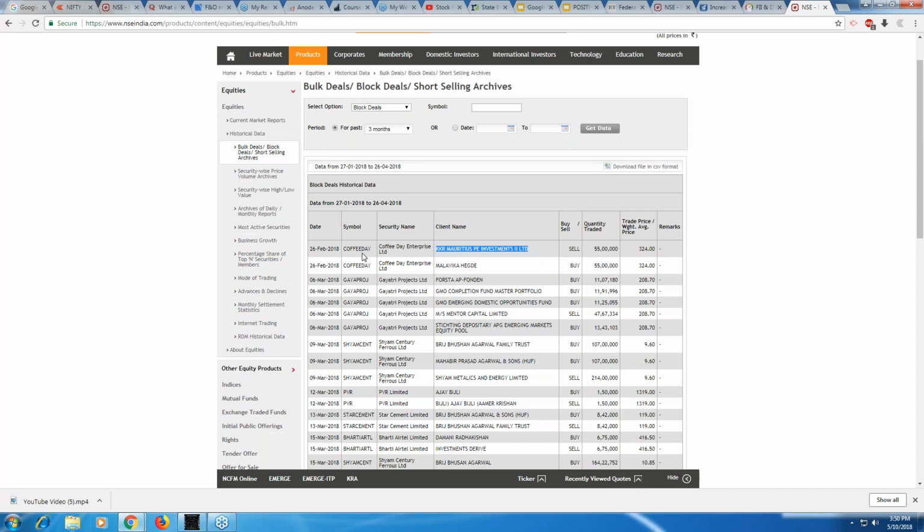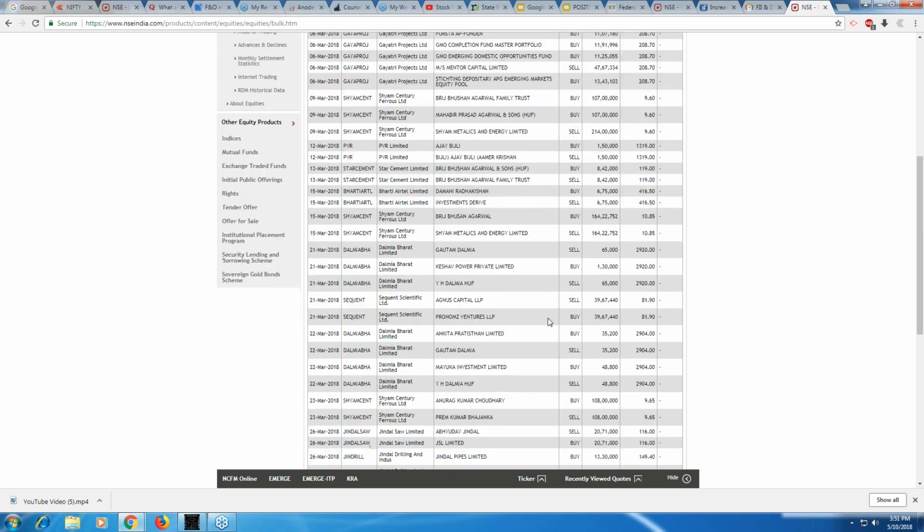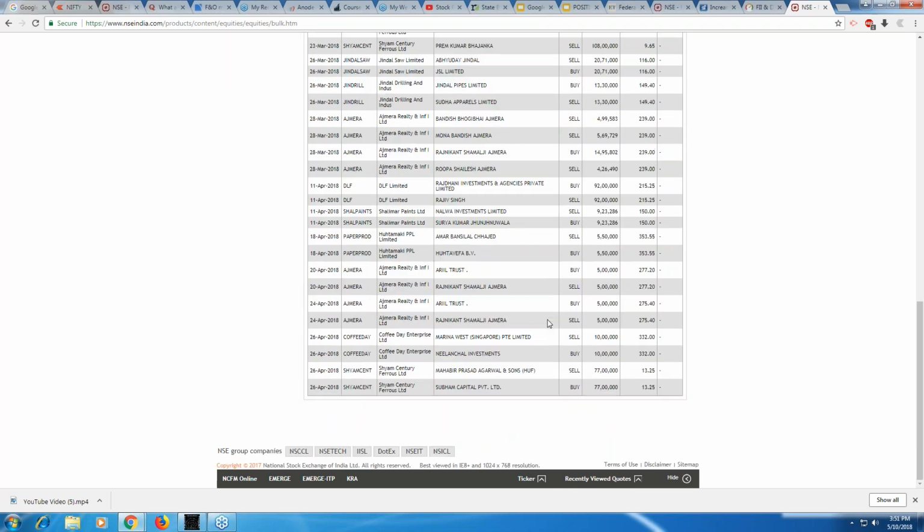This is basically an FII, Mauritius, KKR Mauritius PE Investment Limited, private equity investment, right? That means these are all FIIs. What are they doing? They're selling. Where are they selling? Coffee Day, right? Let's look into more. If I could get one or two more, we'll see and interpret what's happening in the stock after that. These are all individuals, Nilanchal.